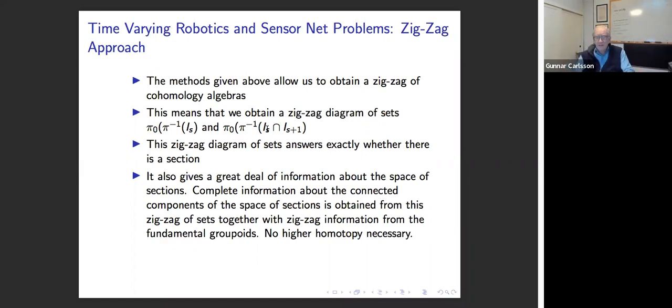There's a very simple description in terms of the fundamental groupoids, which don't require choice of base point. I keep track of base points and the space of paths between base points. So if I understood completely the fundamental groups of all the elements and the effect of those maps, then I could compute the space of sections, or the components of the space of sections.